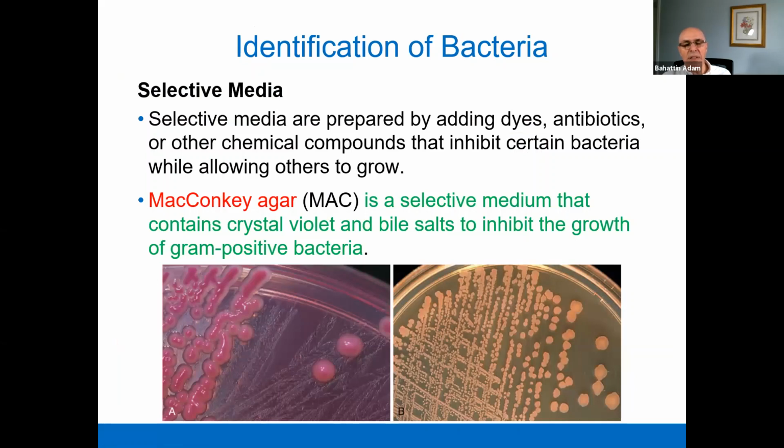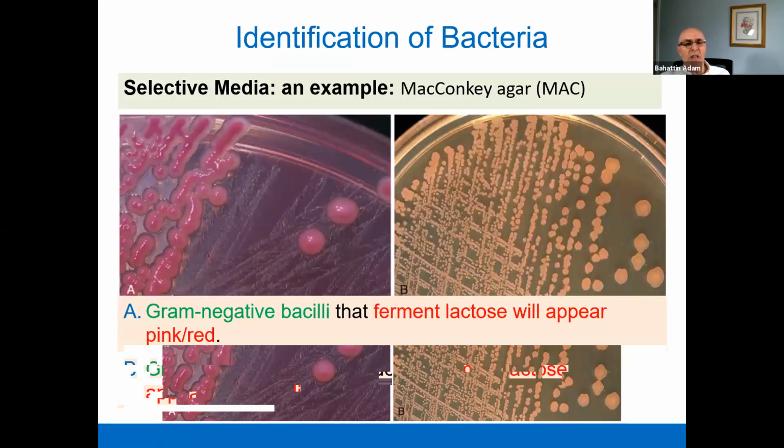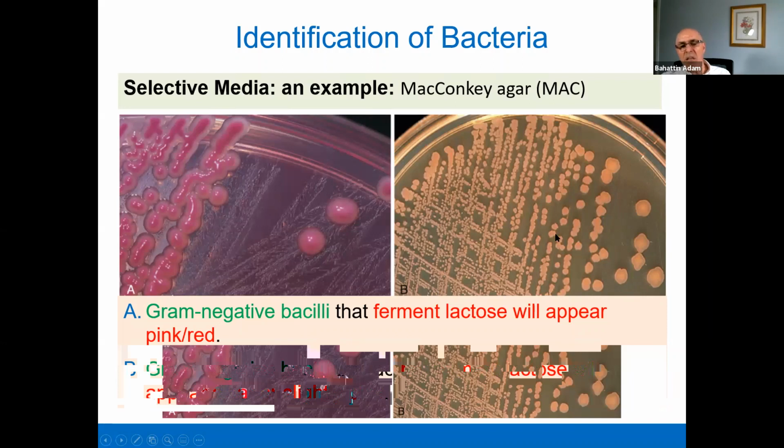However, as you see here, gram-negative bacilli that ferment lactose appear pink, as I showed you before, and gram-negative bacilli that do not ferment lactose are slightly pinkish or clear.